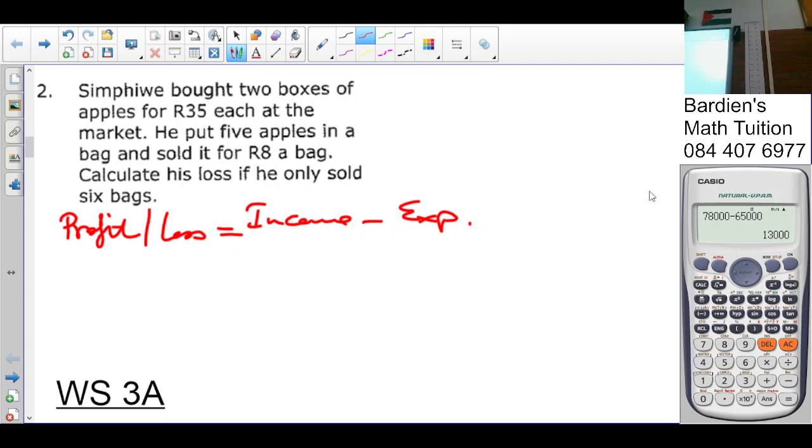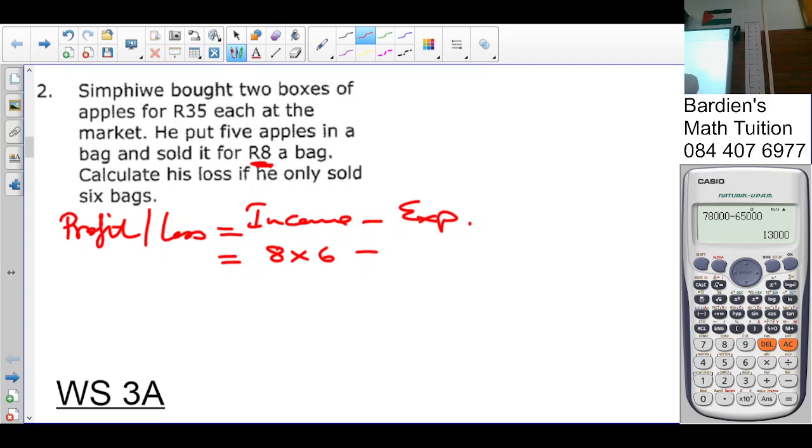So his total income: he puts 5 apples in a bag and sold it for 8 Rand a bag. Calculate his loss if he only sold 6 bags. So his total income is 8 Rand times 6, 6 bags at 8 Rand a bag, which is 48, minus the expenses.